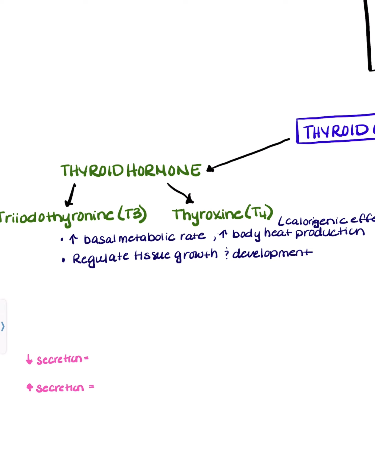In order for them to correctly grow and to correctly develop, we have to have the thyroid hormone. Another thing that they do is they increase the number of adrenergic receptors on blood vessels. And in doing so, they can help maintain your blood pressure.